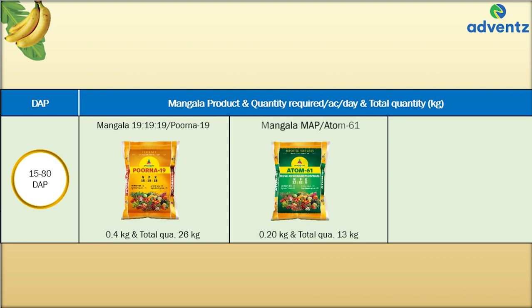Similarly, Mangala MAP or Atom 61 is also to be given at the rate of 0.2 kgs per acre per day, the total quantity being 13 kgs for the total of 65 days. And Mangala Urea at the rate of 0.8 kgs per acre per day also has to be given, with the total quantity being 52 kgs for the entire 65 days.